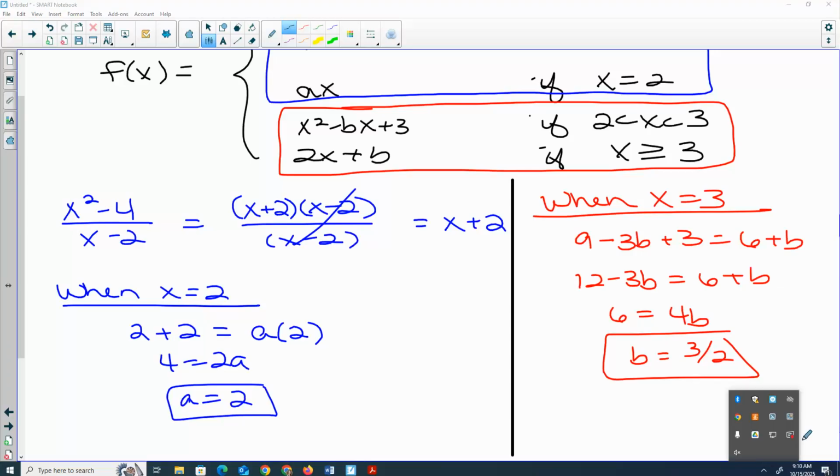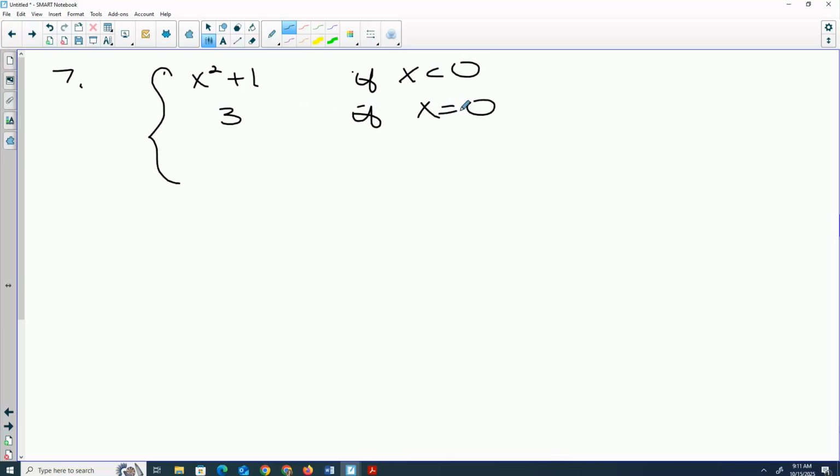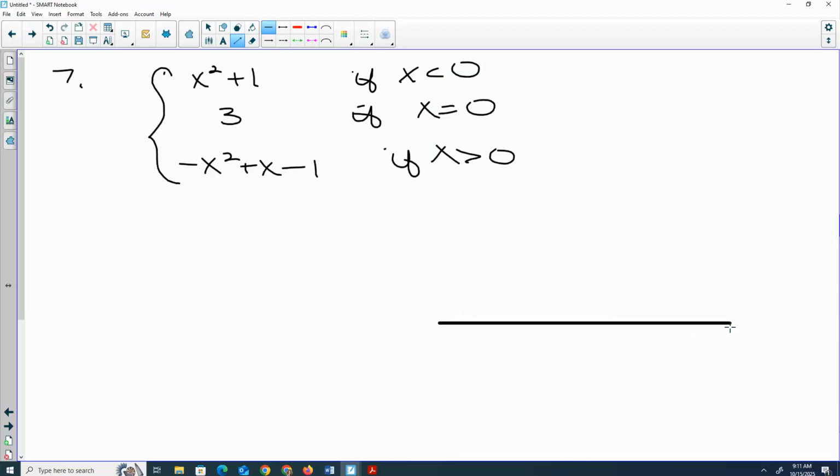What else on this? Alright, so first we have to graph this function. So when we graphed piecewise functions, we made a t-chart for each piece.